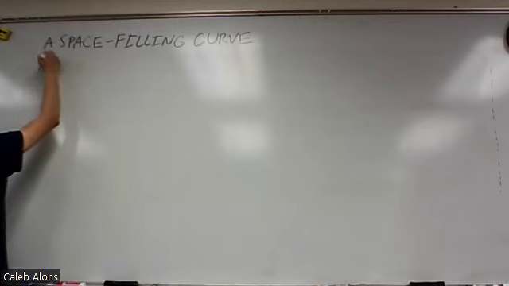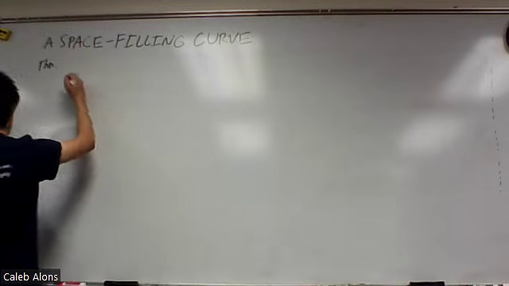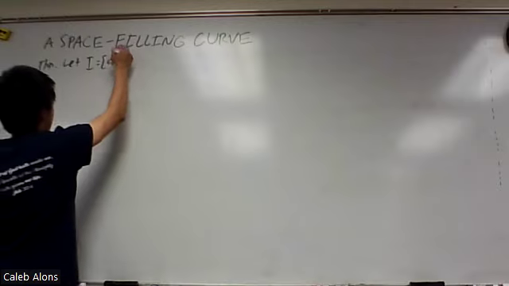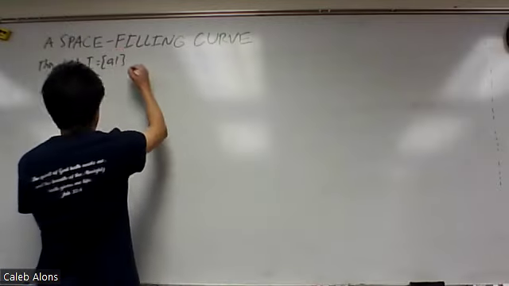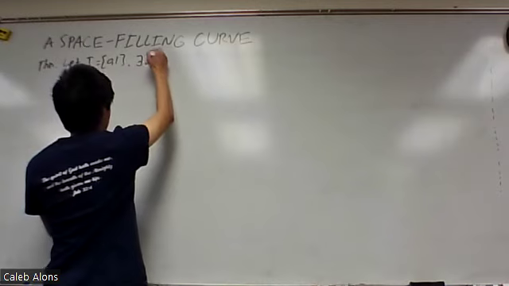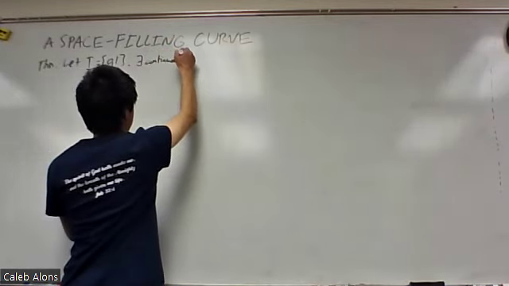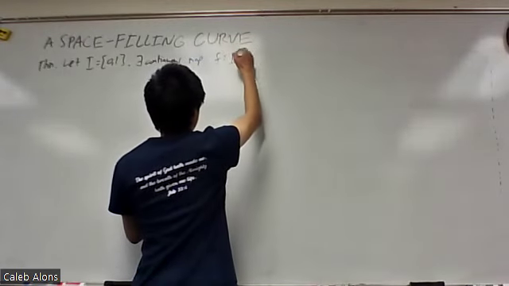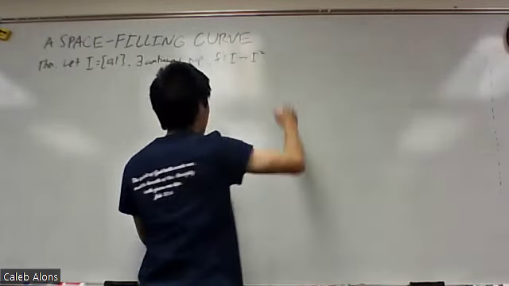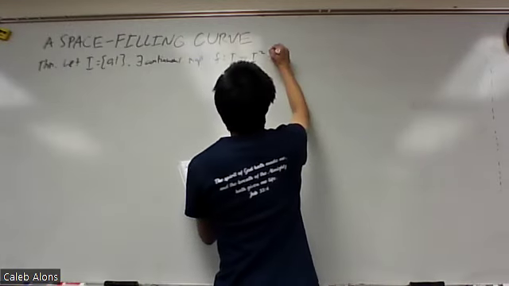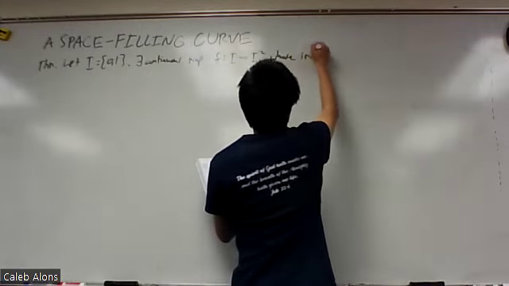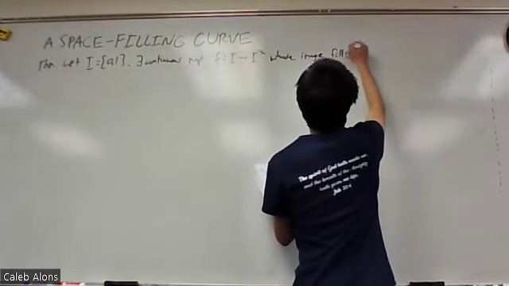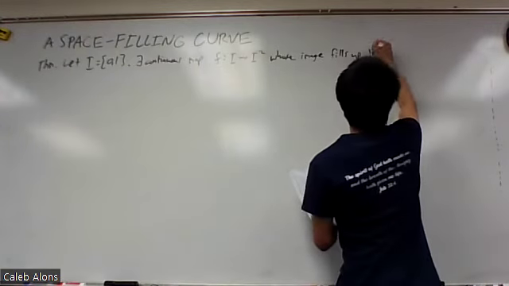It actually comes in the form of a theorem, which we claim. So if we let the capital I denote this interval, just the number 0 up to the number 1, then there exists a continuous map that takes this interval into a unit square, whose image fills up the entire square.